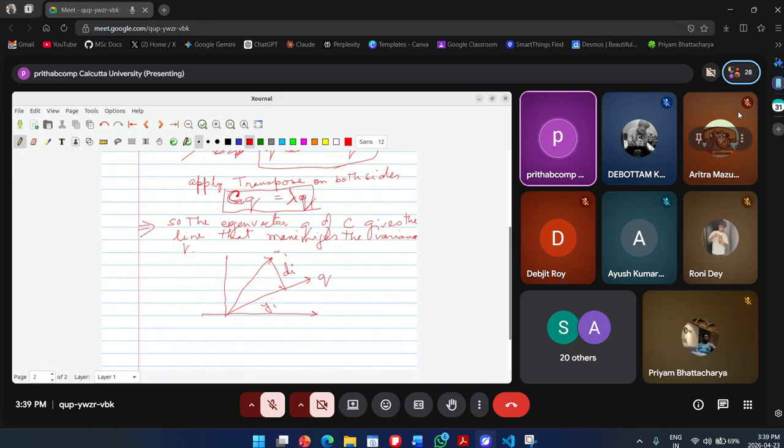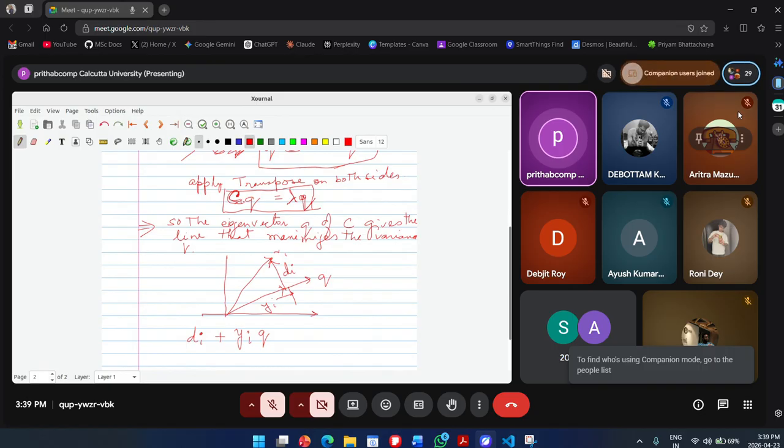So if you look at this vector equation, what we can write is that di plus yi q, because q is a unit vector and yi is the amount of projection, right?